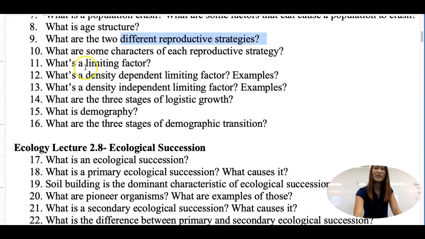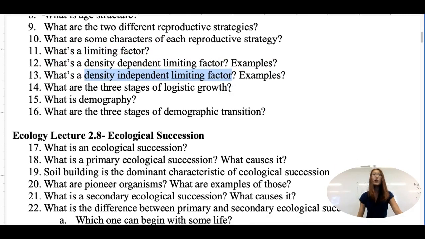The next one that has a little confusion for some people is the density dependent versus density independent limiting factor. So what those are is if you have a density dependent limiting factor, that means the factor itself and the result or the influence of the factor have a direct correlation. So for example, if you have disease, right?